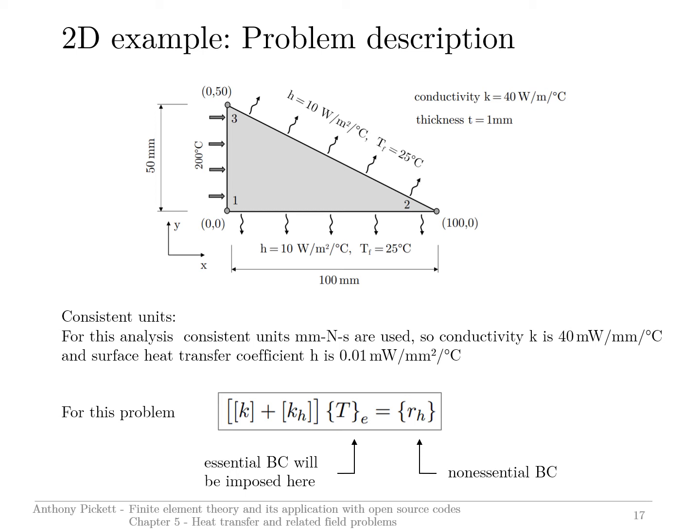There is a 200-degree input temperature at this side, and we have heat convection from the surface applied at these two surfaces. This is the heat transfer coefficient value for this particular surface.